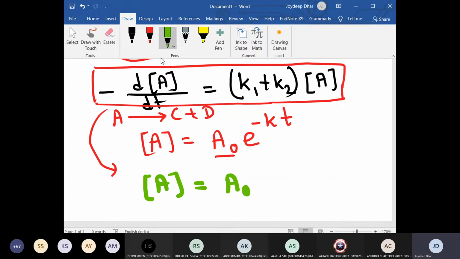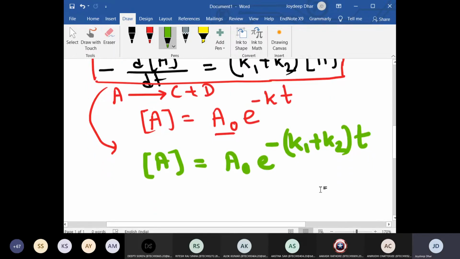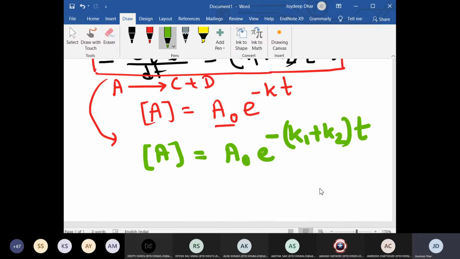Simply you can write, after solving it, it will be nothing but K1 plus K2 into t. Okay, so this is like a first order reaction. After integrating, at time t the unreacted amount of A left in the reaction vessel, its concentration will be initial concentration multiplied by e to the power minus (K1 plus K2) into t.